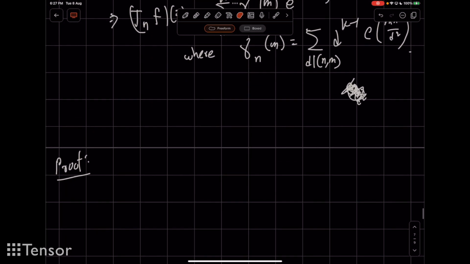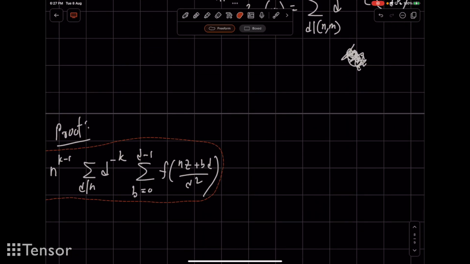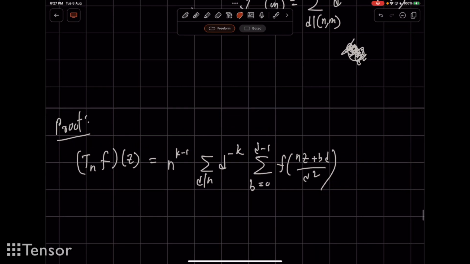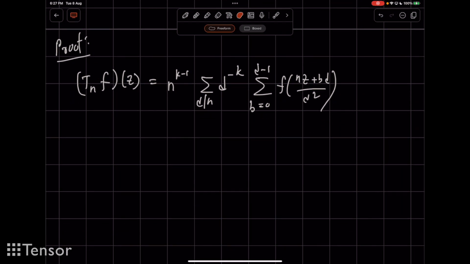Copy and paste it here. Okay, perfect. Let's just write f as the q expansion.